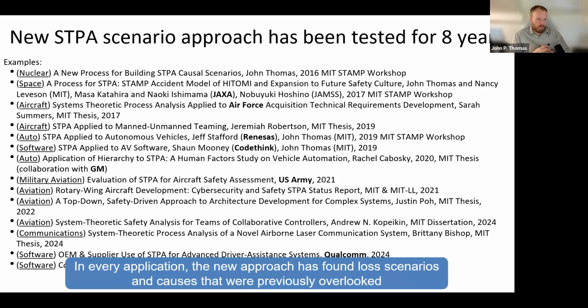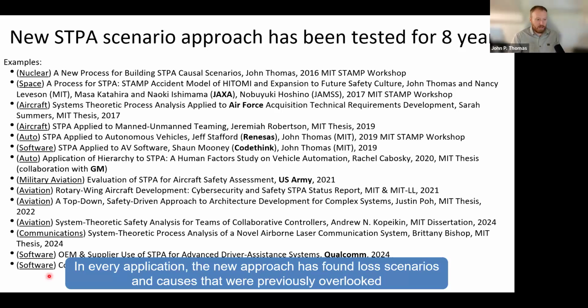And so over 10 years, what are there? 15 tests. These are just the ones that were published in a report. There are many, many others that never got written up in a report. All of these compared side by side the old approach with the new approach.